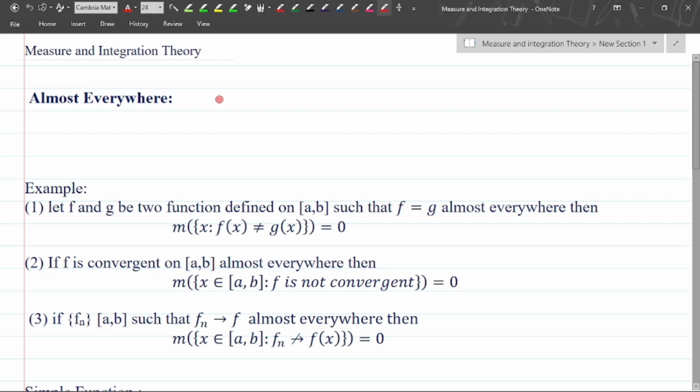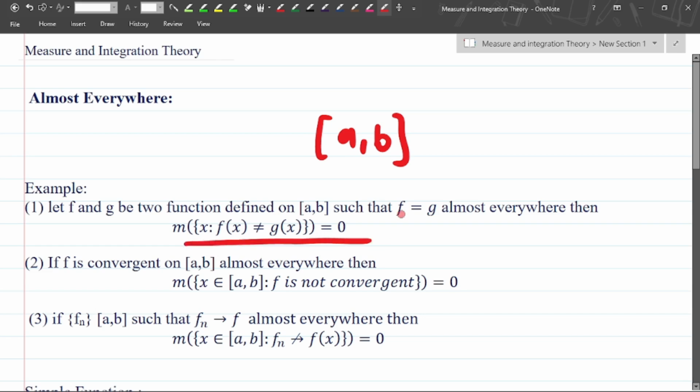If we have two functions defined on [a, b], the closed interval, and f and g are equal almost everywhere, it means that the measure of the set where the functional values are not equal is basically zero.